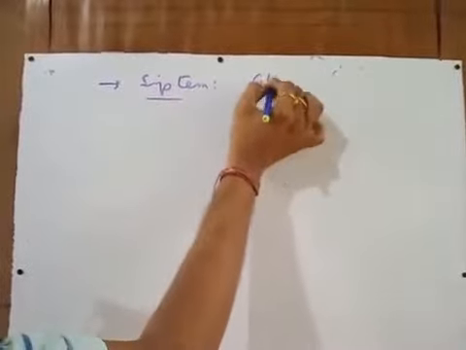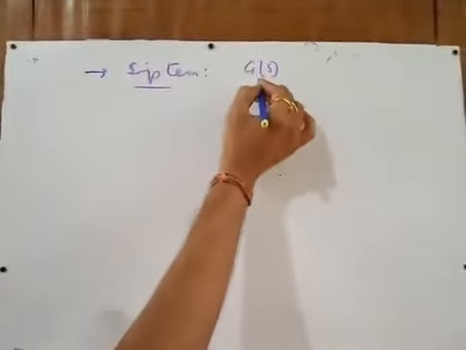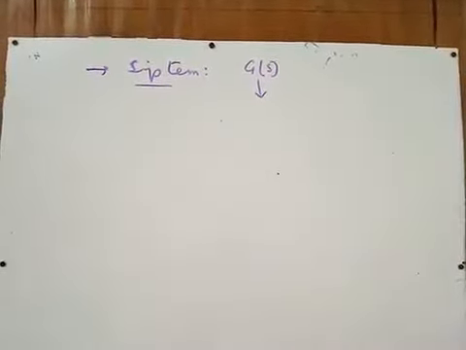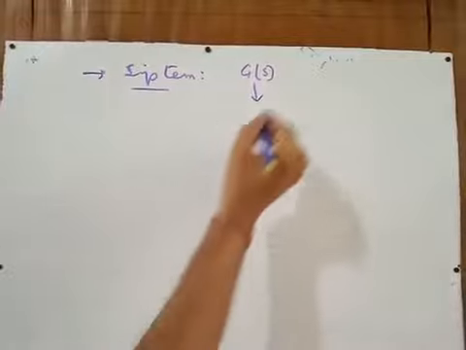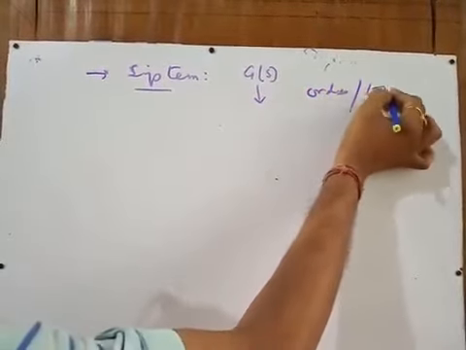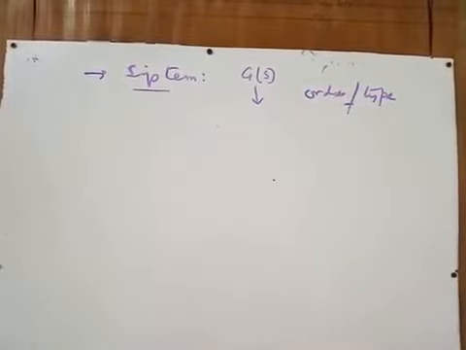A system is normally denoted by G(s), and you have seen the properties of the system already in the first lectures. In the previous lectures we discussed order and type. The system is identified by its order and type. What does order mean?